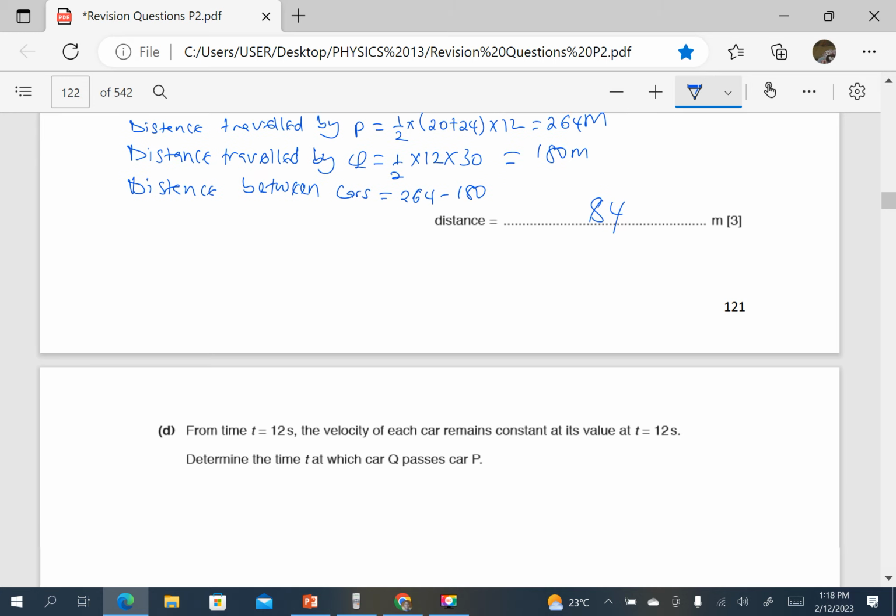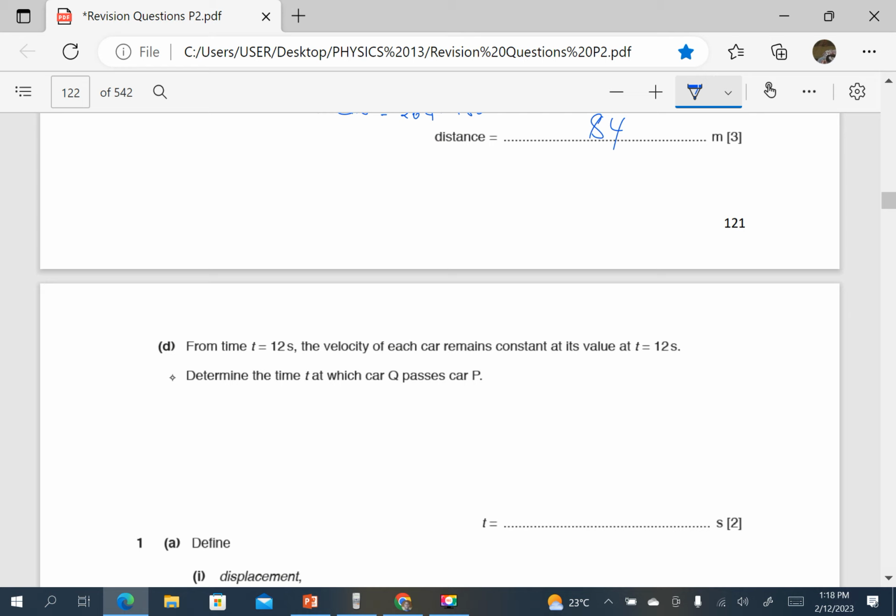From time t equals 12 seconds, the velocity of each car remains constant at its value at 12 seconds. Determine the time t at which car Q passes car P. So since we have the extra distance, we can just find the difference in the speed to find the extra time.